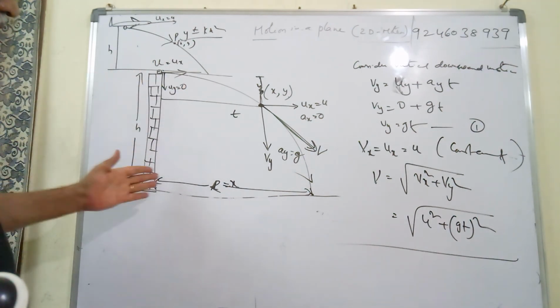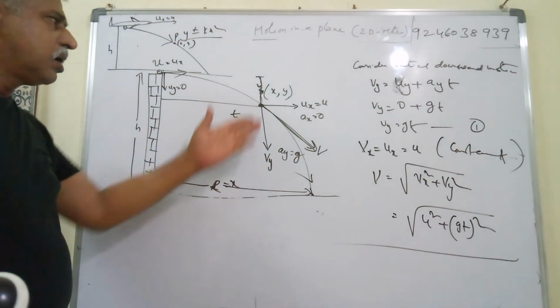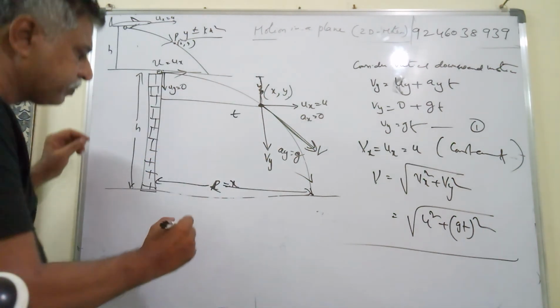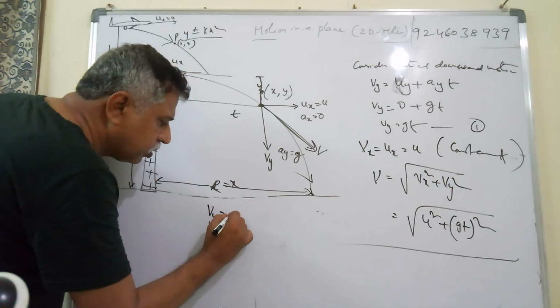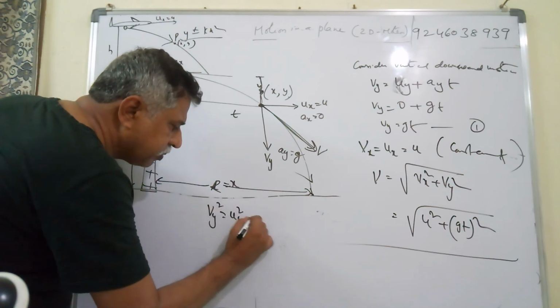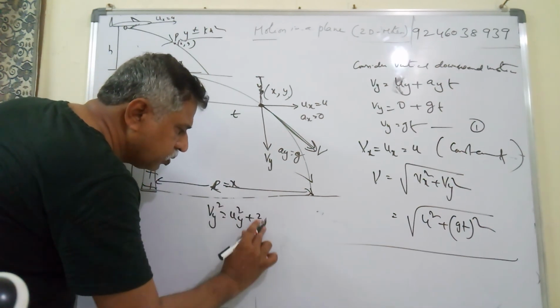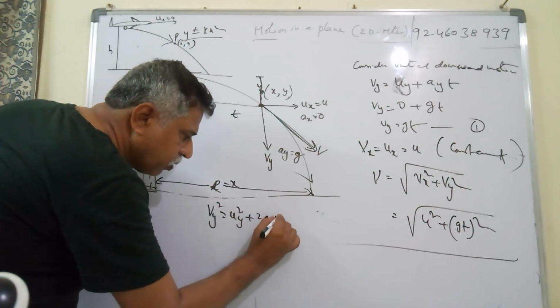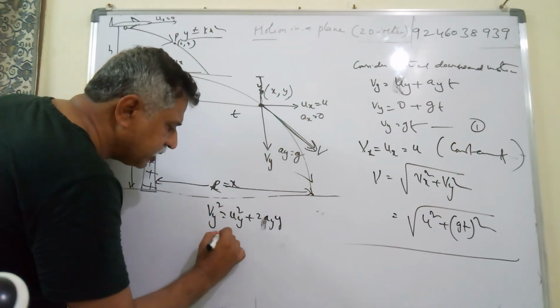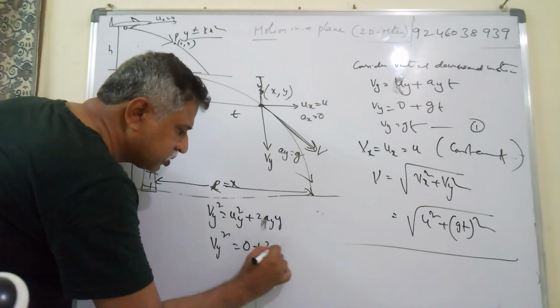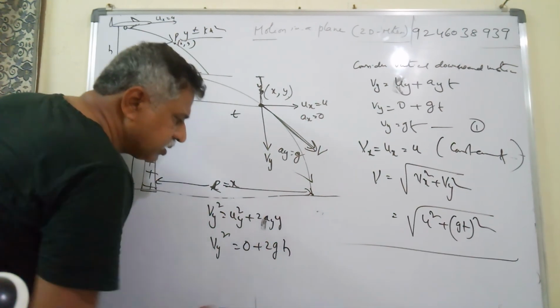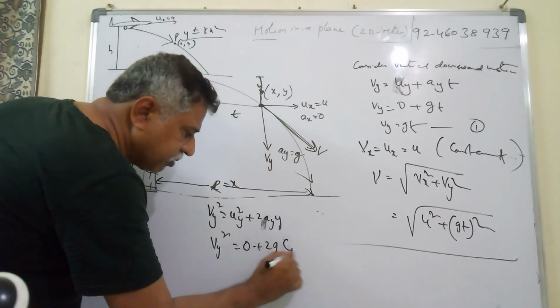Now if you know the height but not t, at that time vy square is equal to uy square plus 2ay y. From this, vy square is equal to 0 plus 2gy.